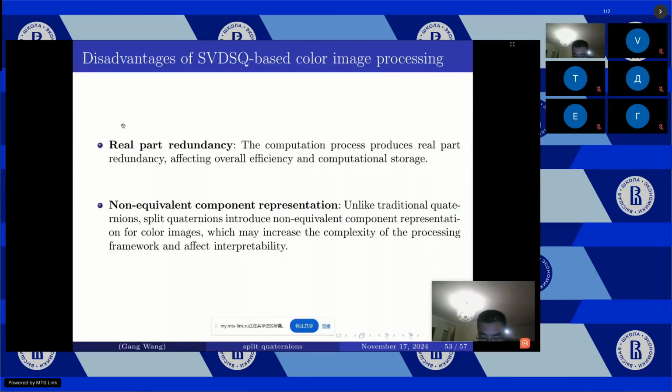Additionally, split quaternions introduce non-equivalent component representation, which differs from traditional quaternions. This can lead to increased complexity in the processing framework and may affect the interpretability of the results.